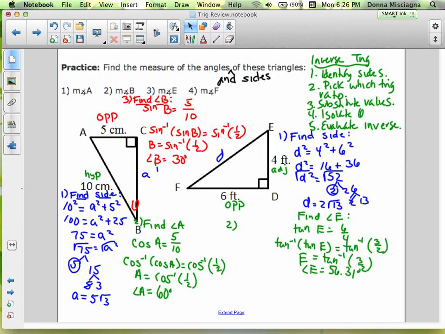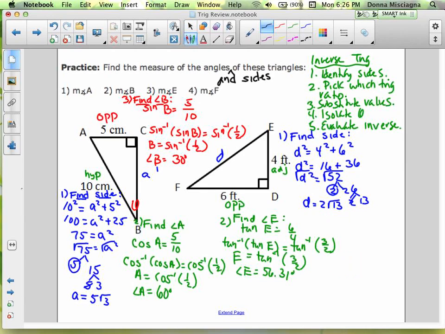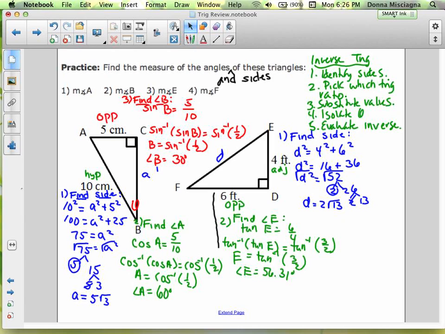I'm going to move this over a little bit. And then I can solve in that little corner there. Whoops, my 2 problems are kind of running into one another. There we go. All right, so over here, let's find angle F. We still have the 2 legs.